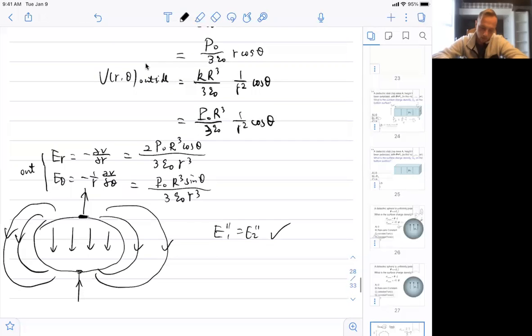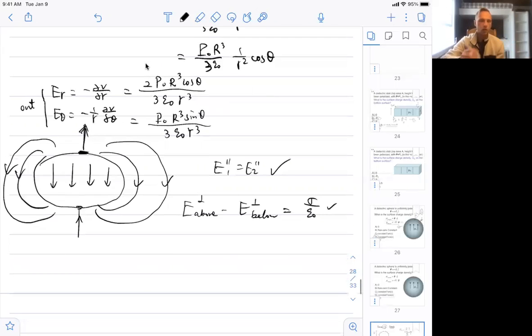But the E perpendicular component doesn't have to be continuous. And they obey such a boundary condition as E above minus E below, we call this sigma over epsilon naught. Right, you probably remember this from dV dn above minus dV dn below is negative sigma over epsilon naught.